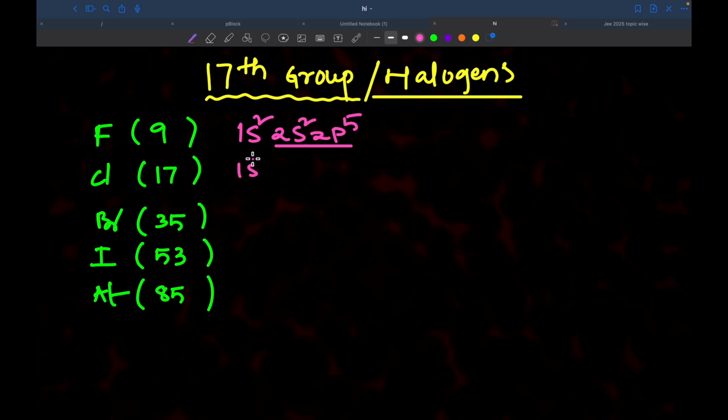Chlorine is 1s2, 2s2, 2p6, 3s2, 3p5. So this is the valency electronic configuration.